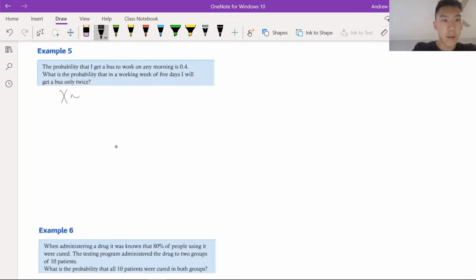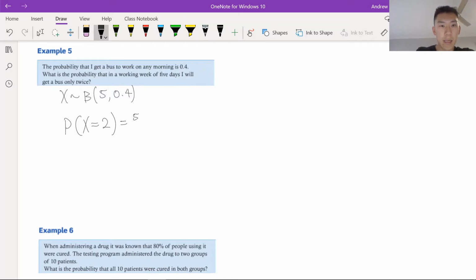So let's use, assuming this is a binomial distribution, we have 5 trials and the probability of success is 0.4. We want to find the probability that this person gets the bus only twice, so that means x equals exactly 2.